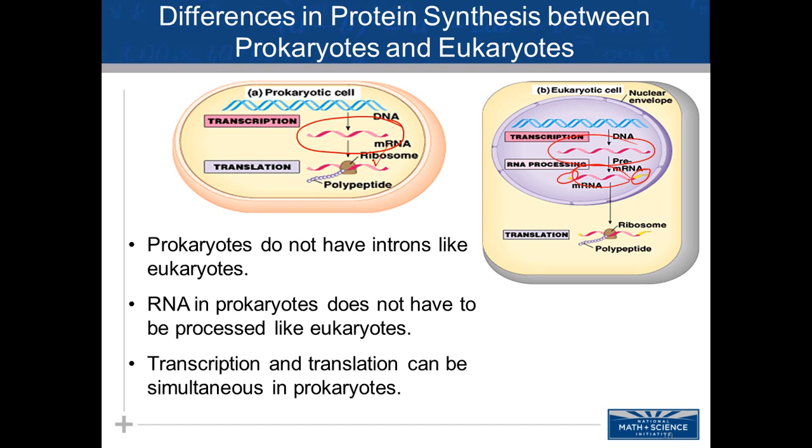You'll notice that they are both the same size. Okay, and quite often, as this messenger RNA is being made, the polypeptide chain is being almost made at the same time. Okay, so transcription and translation can be simultaneous in a prokaryotic cell. That's not true of a eukaryotic cell.